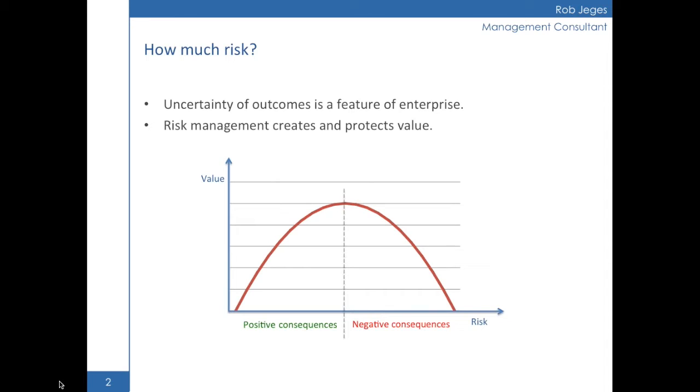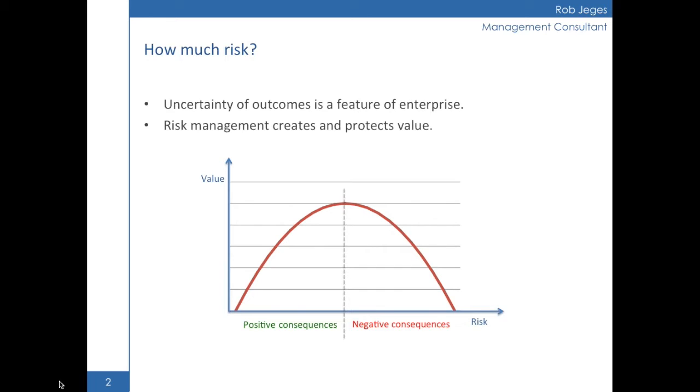So we can form an idea using these concepts that risk is going to have a shape like this parabola of some sort, and there is an optimum point where the maximum value is created or preserved. If the risk introduces negative consequences, we're going to lose some value. And if we don't have enough positive consequences, we are not going to be able to create enough value.